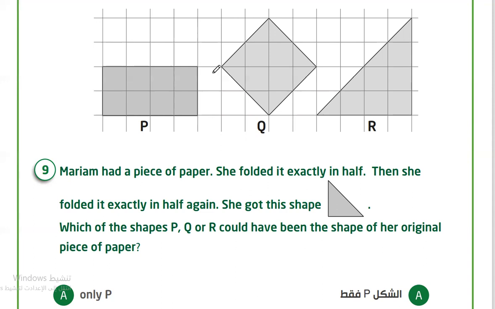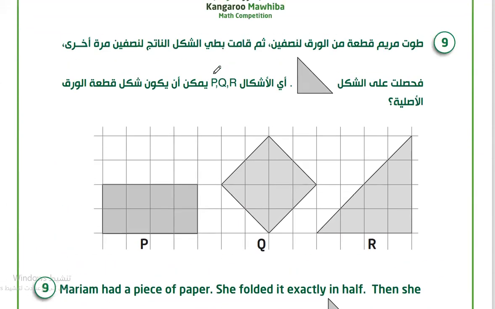She got this shape. Which of the following shapes, P, Q, or R, could have been the shape of her original piece of paper? Can you go up so we can see? So let's see.